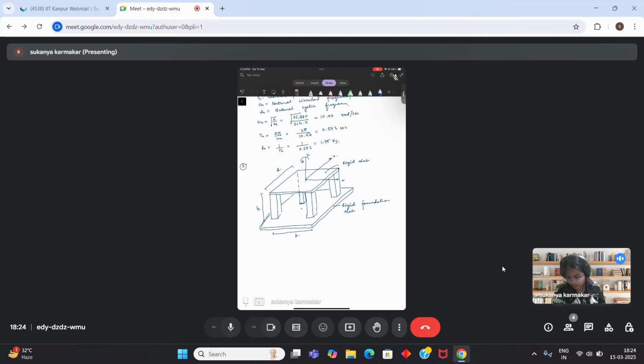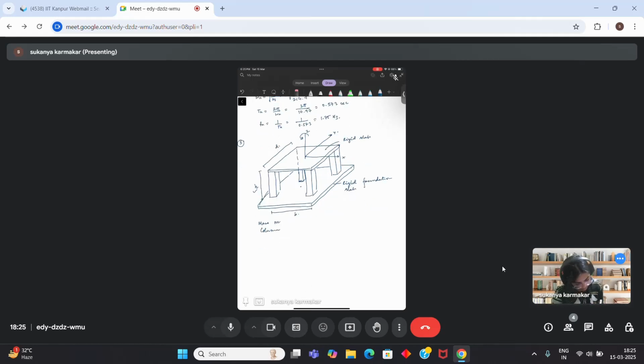The total mass is M and it is supported on 4 columns of height H. Mass is M, height of the column is H that I've written. It is rigidly connected to the top slab and to the foundation slab. Each column has a rectangular cross section with second moment of inertia Ix and Iy for bending about the x and y axis.